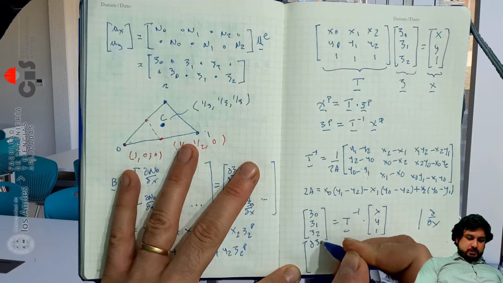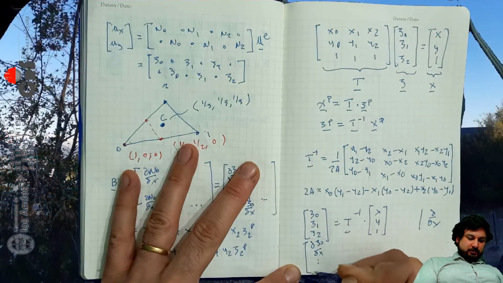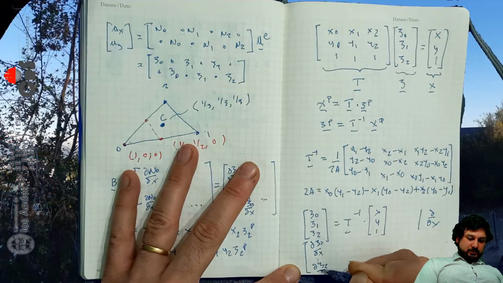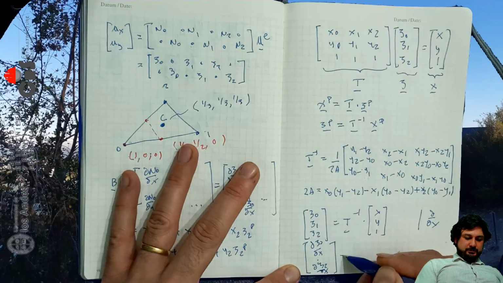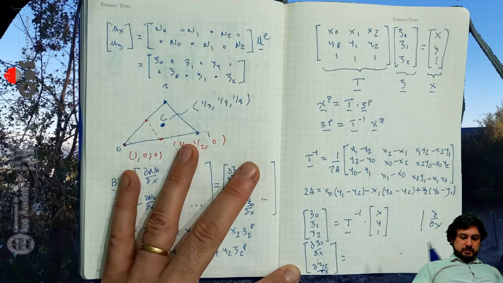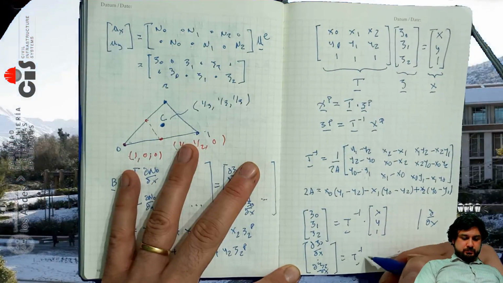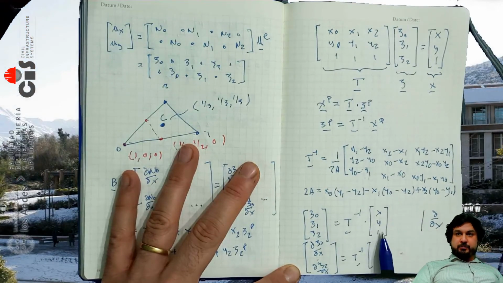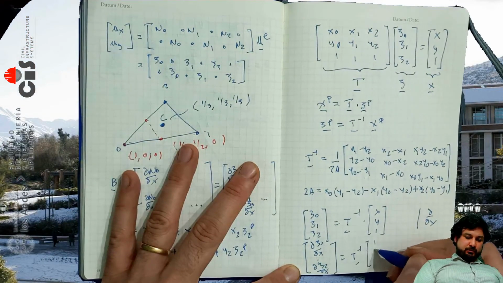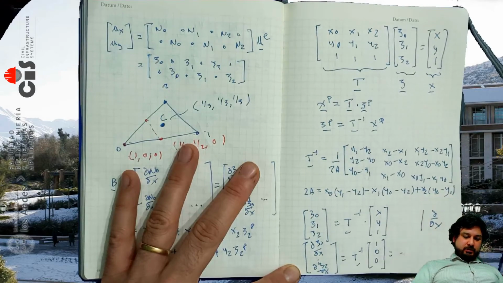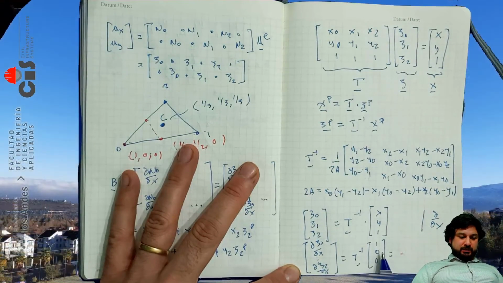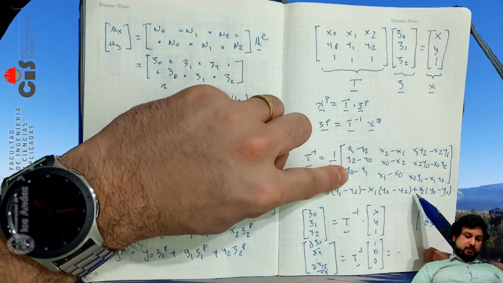So let's do d zeta 0 over dx, and so on, d zeta 2 over dx, like so. And here we're going to have T to the minus 1 plus the derivative of this with respect to x. That's going to be 1, 0, 0. So this is going to give us basically the first column of this matrix.